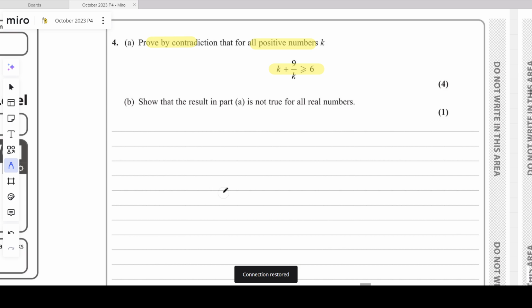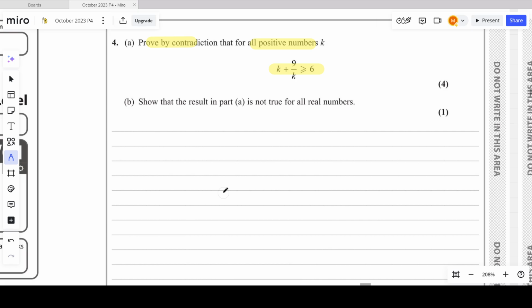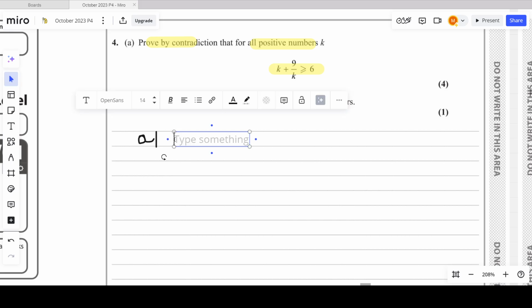So in this case there is an inequality given, k plus 9 over k greater than or equal to 6. Basically in contradiction, as I said earlier, we consider the opposite to be true. So what should be the opposite in part A? We will assume the opposite to be true.